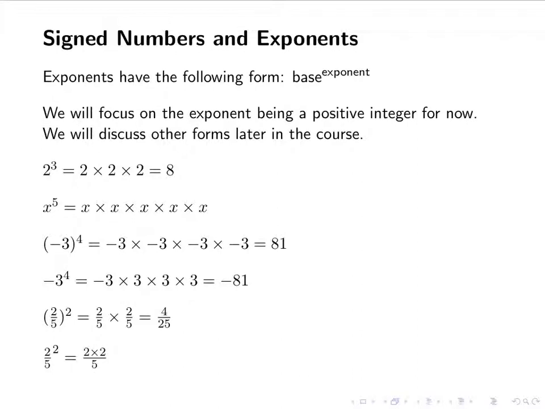And I have 2 times 2 over 5. 5 is not being squared because there's no parentheses. So this is 4/5. So you have to be really, really careful when your base possibly contains more than one part to it, a negative or a fraction. If there's no parentheses, the exponent only goes with the number that's closest to it.